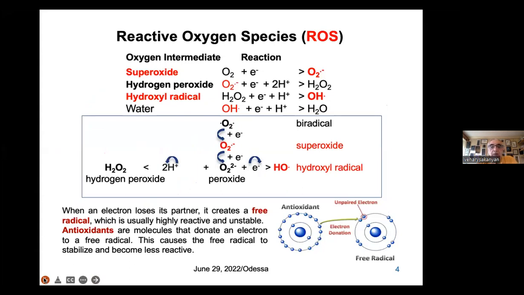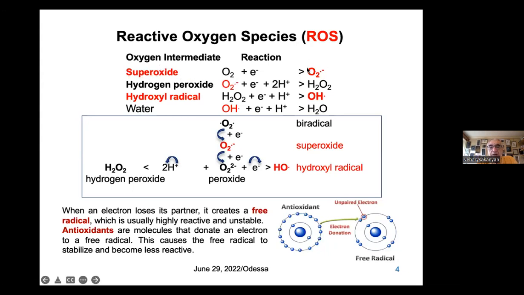First of all, when an electron is lost, it can form the first free radical, a so-called reactive oxygen species. This is superoxide.